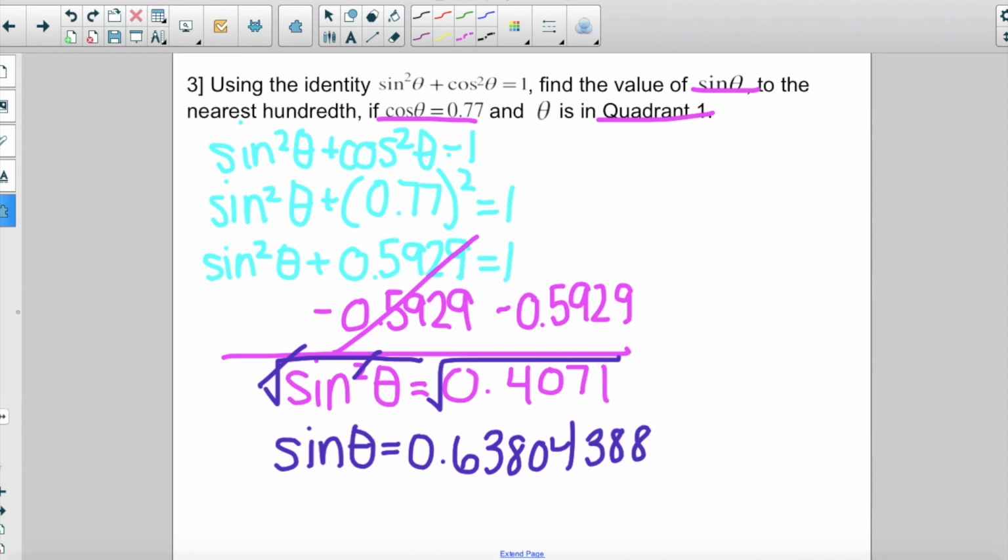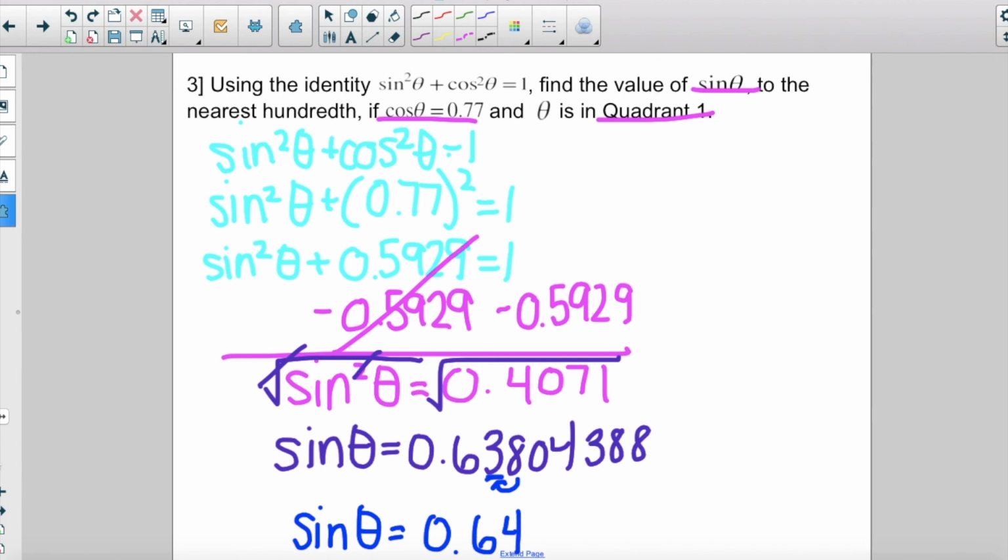Now, it said round to the nearest hundredth, so the nearest hundredth is the second decimal place right over there. So we have to look at the 8 in order to round it. Since the 8 is bigger than 5, that 3 turns into a 4. So we have sine of theta is equal to 0.64.